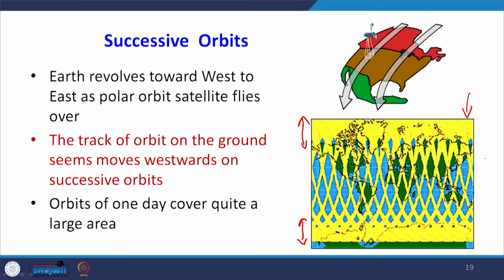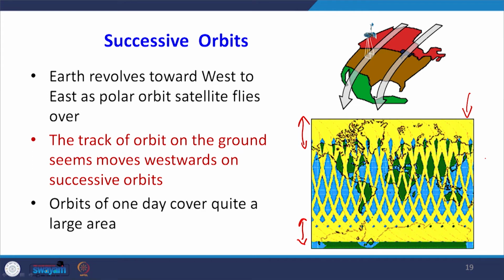So, how much width is covered on the ground? From successive orbits, if we give a number to these orbits, the orbit is identified, so we know which orbit the satellite is moving in on a particular day. We can see a diagram where a number of orbits are needed to complete the whole earth by a particular sensor, by a particular satellite.